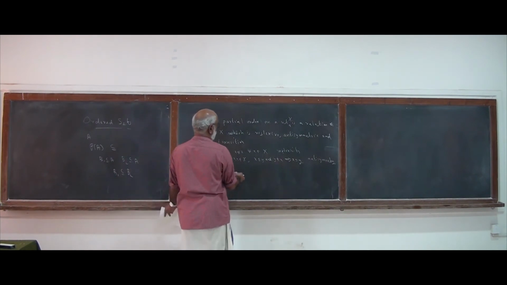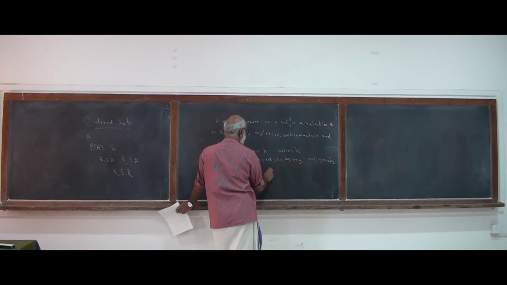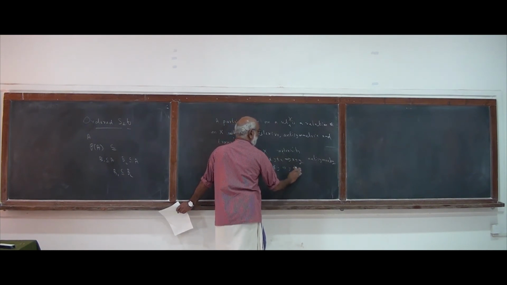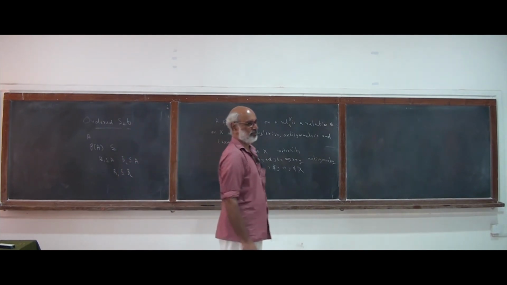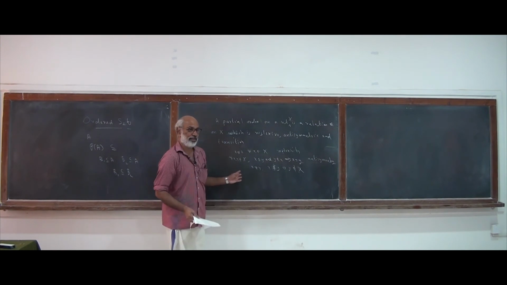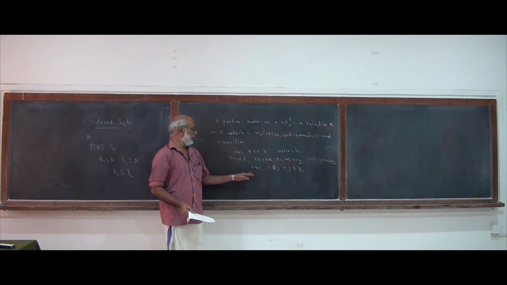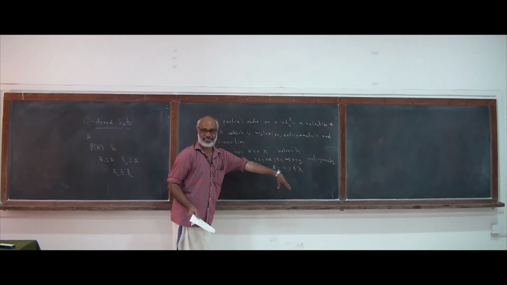In other words, antisymmetry says that if x is different from y, then either x is not less than or equal to y, or y is not less than or equal to x. So antisymmetry means that if x and y are two elements of the set, then x not equal to y implies that either x is not less than or equal to y, or y is not less than or equal to x.